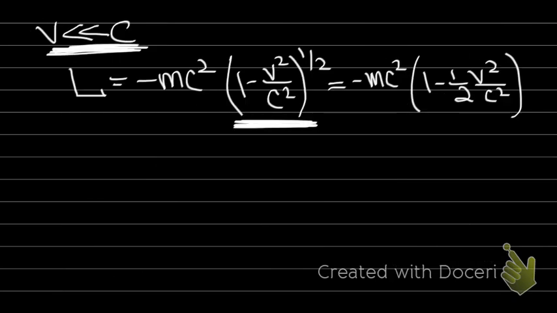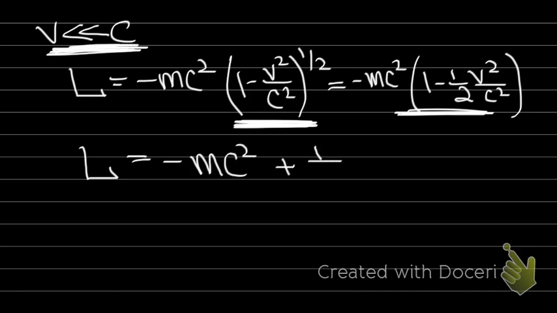Right now, if I open this term, what do I get? Let's see, I get negative mc squared plus 1/2 times m v squared over c squared times c squared.